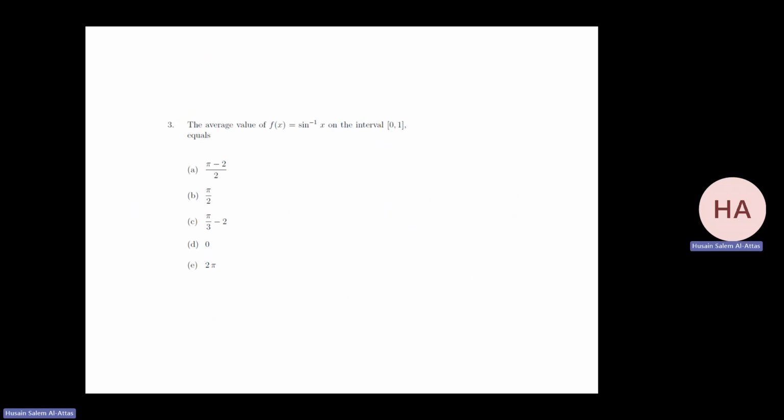The average value of this in this interval. Okay, the average will be the integral from 0 to 1 of sine inverse of x dx, times 1 over 1 minus 0, which is 1. So I need to do the integral of this. I need by parts.